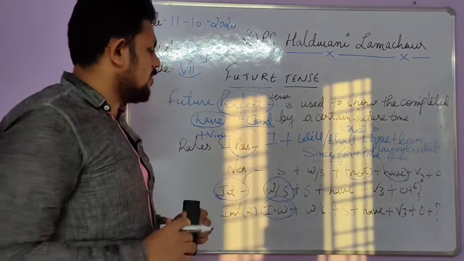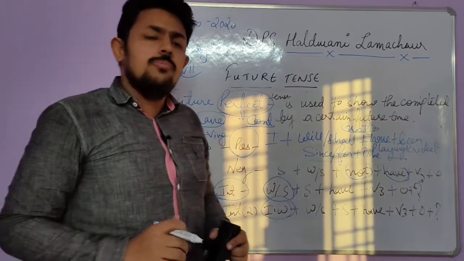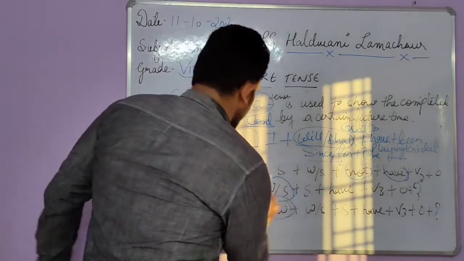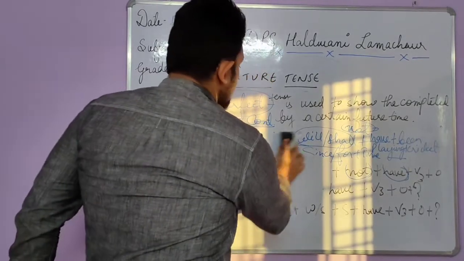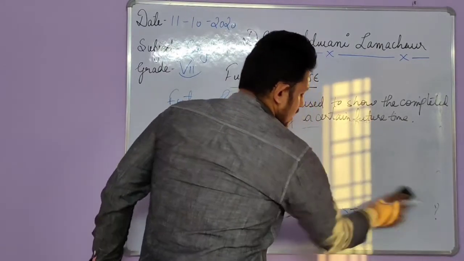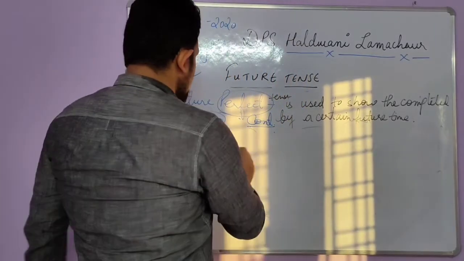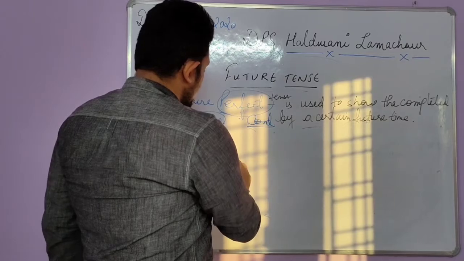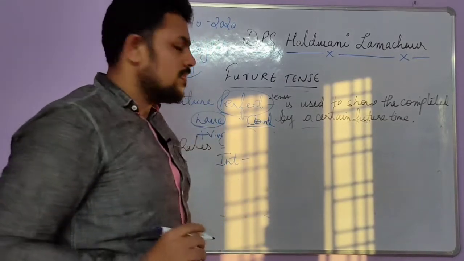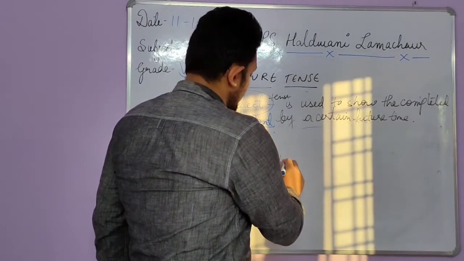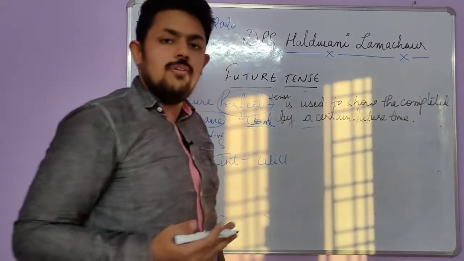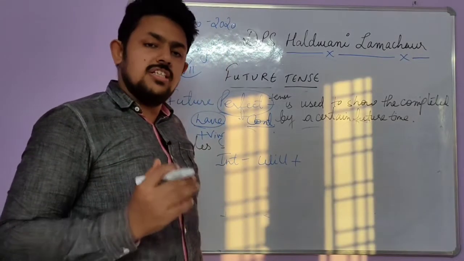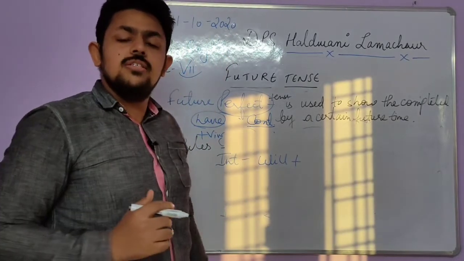Now the interrogative. What change will you make? You will just put will in the beginning. Okay. Let me rub it all and show you. In the perfect continuous form, the last kind of sentence, interrogative, what do we do? We put will in the beginning. Will or shall. Okay, will. What will come now? It is in future perfect continuous.